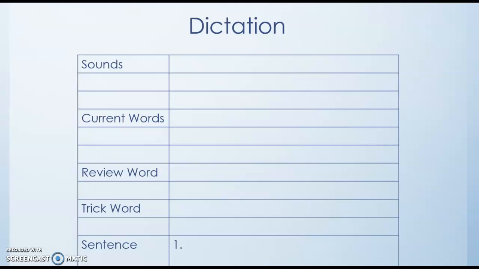The trick word for today is always. Always. Some of you always listen to the Foundations lesson. And I appreciate that. Always.